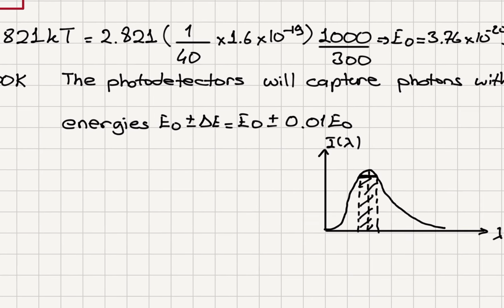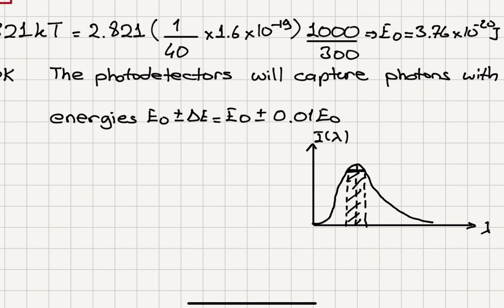Now, if you look at the intensity versus wavelength plot here, this has a tail. And when we are close to the peak point, we see that the intensity is approximately a constant. So if we take this window, E0 plus delta E, and this is E0 minus delta E here, we can calculate the spectral emittance in this energy range.